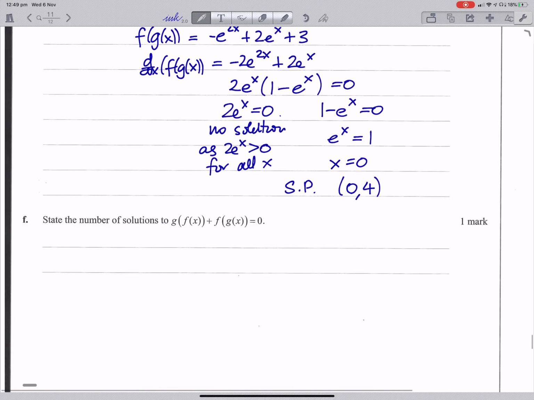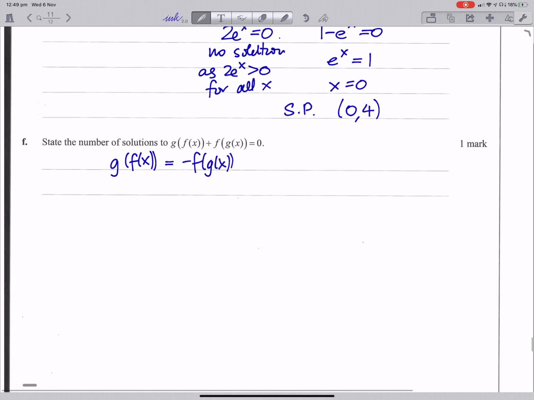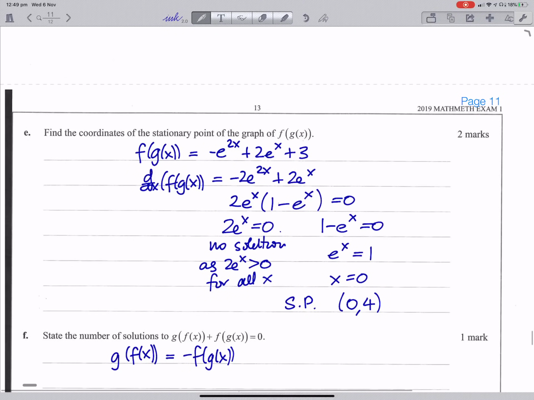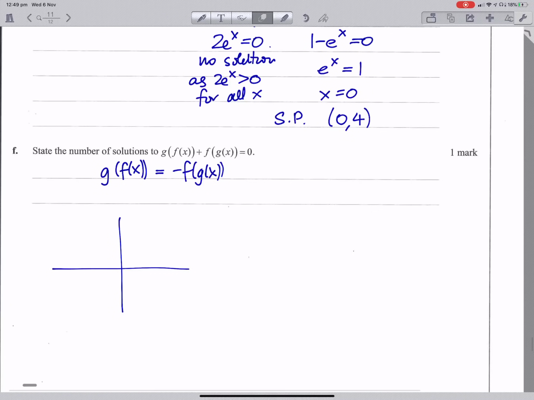Okay, so from this we could say g of f of x equals negative f of g of x, or vice versa. So the negative of f of g of x, which has a stationary point at 0, 4, is going to have a stationary point at 0, negative 4.